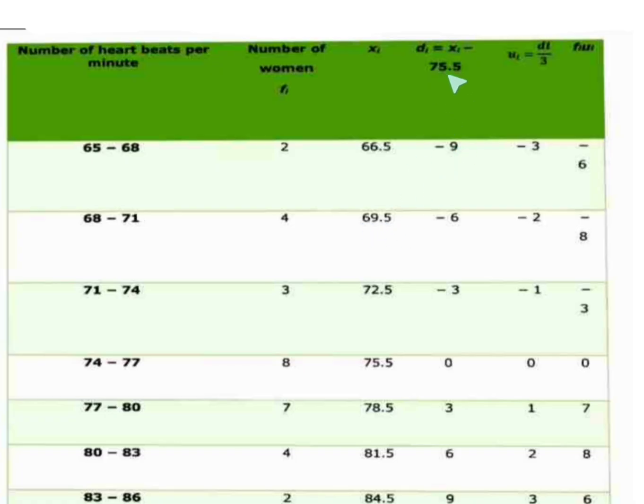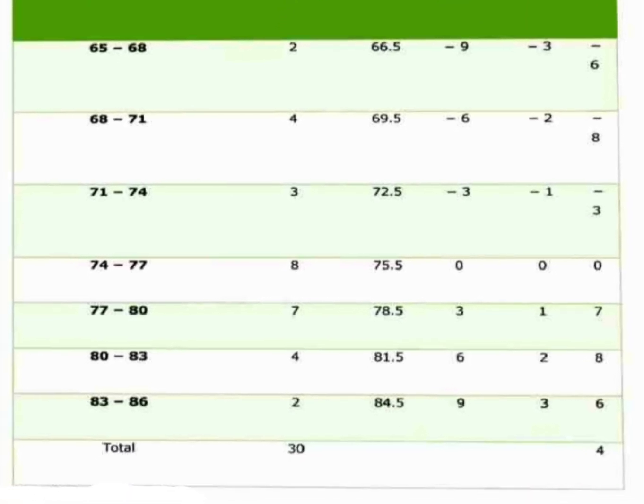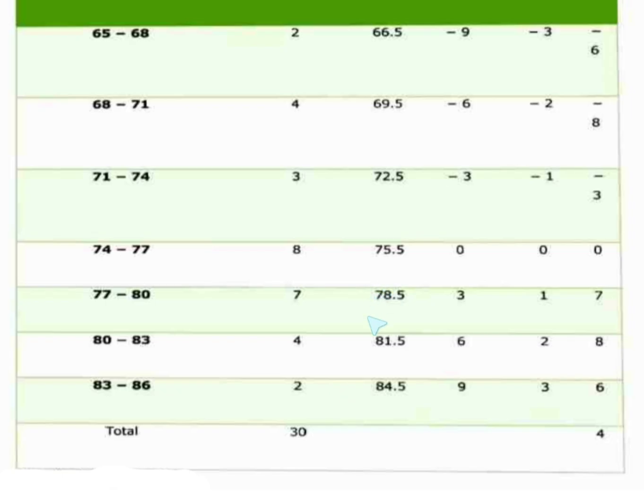The next midpoint minus 75.5 is minus 6. 72.5 minus 75.5 is minus 3. 75.5 minus 75.5 is 0. 78.5 minus 75.5 is 3. 81.5 minus 75.5 is 6. 84.5 minus 75.5 is 9.